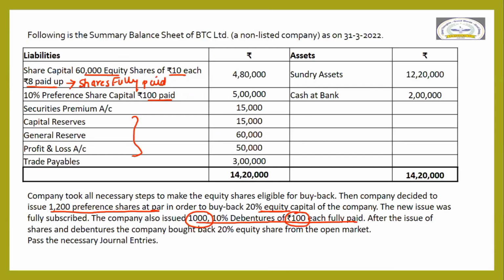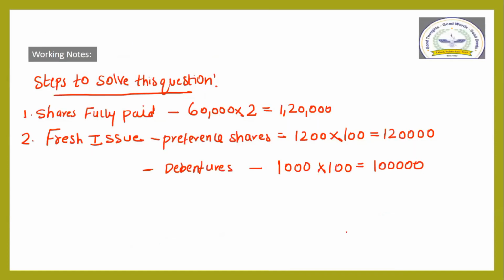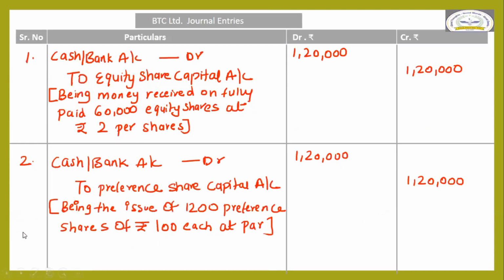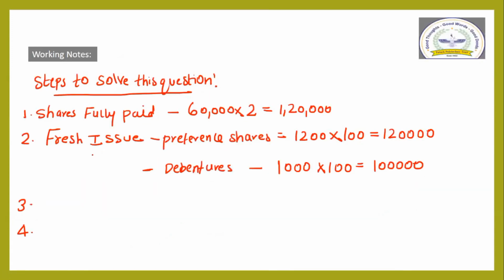Now the next one is: after the issue of shares and debentures, the company bought back 20% of equity capital from the open market. As you all know, students, now we are going to pass two more entries, which we pass in every sum. That entry is the transfer of claim, and the last entry is the payment entry.